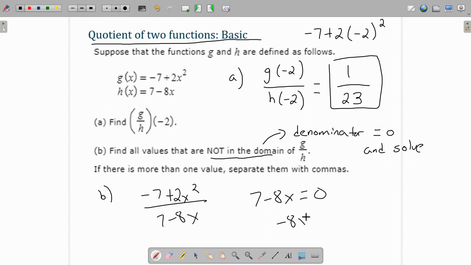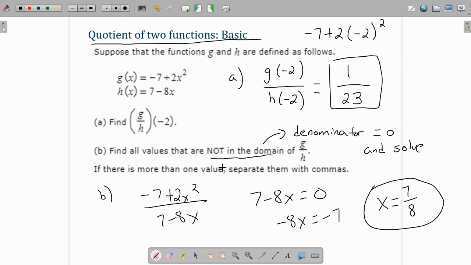Because remember, it's illegal to divide by 0. So we subtract 7 from both sides. And then we divide by negative 8. So a negative over a negative, I'm sure Alex is going to want the positive answer. x equals 7/8. So if you plug 7/8 into here, you get some number on top, whatever it is. It's probably a decimal or a fraction. But you get 0 on the bottom.